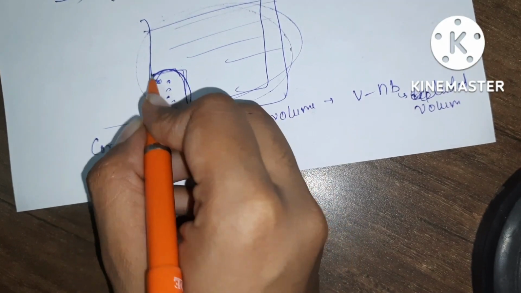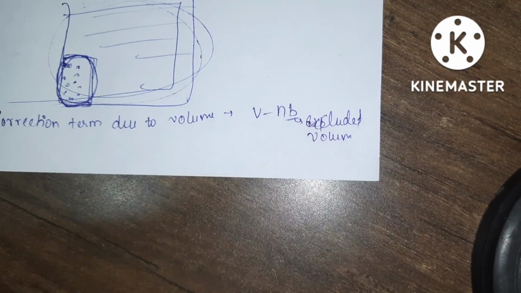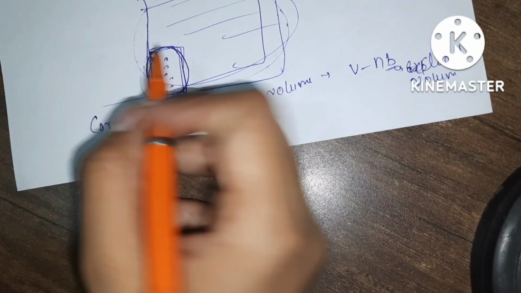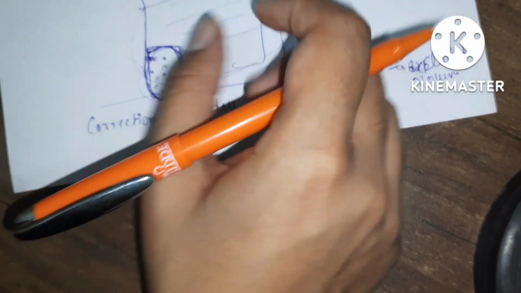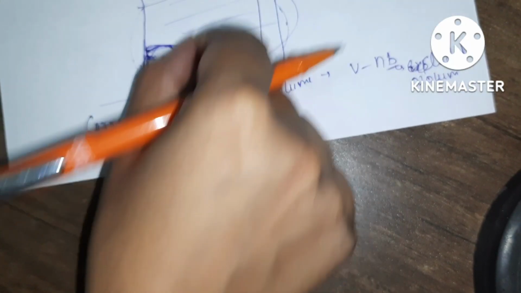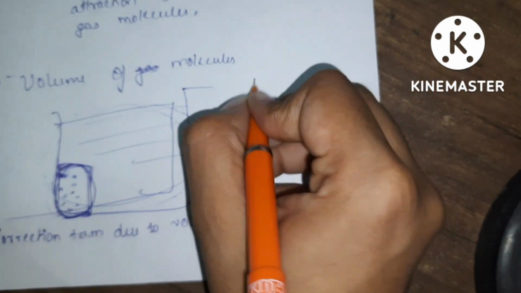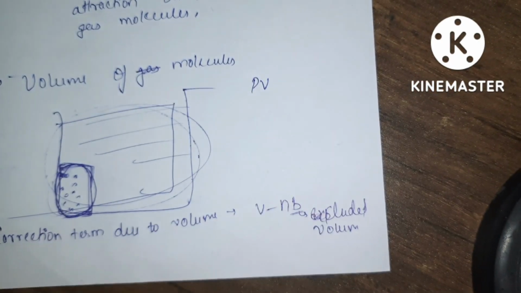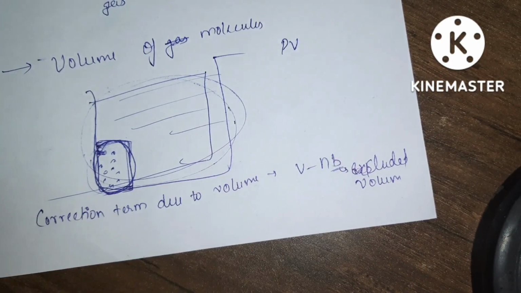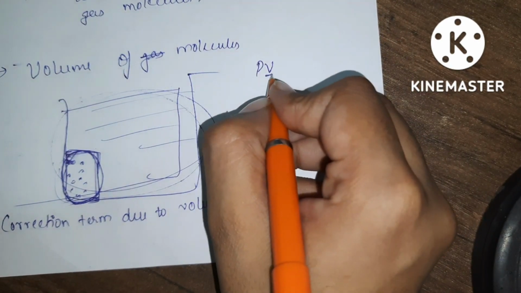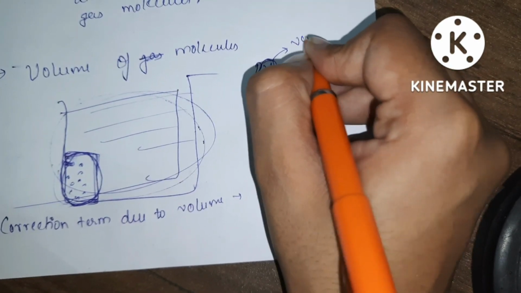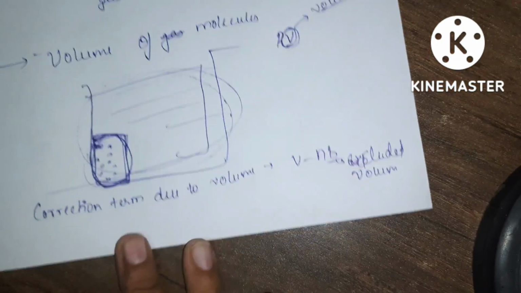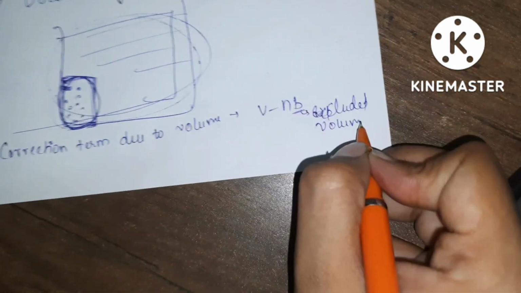This volume is occupied by the molecules of the gas. So this is the excluded volume and the corrected term, because in the ideal gas we take the whole volume as if there is no molecule. In PV, V is the volume. Now this is the excluded volume.